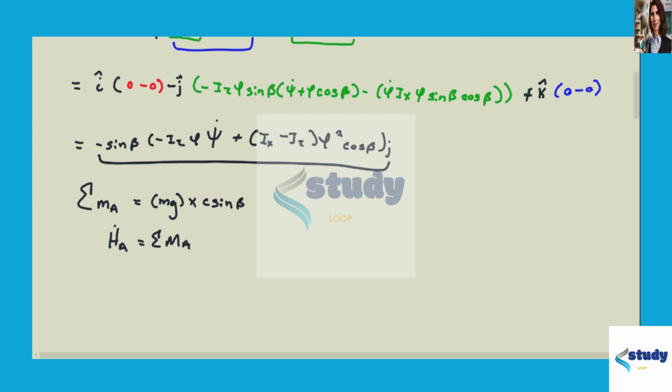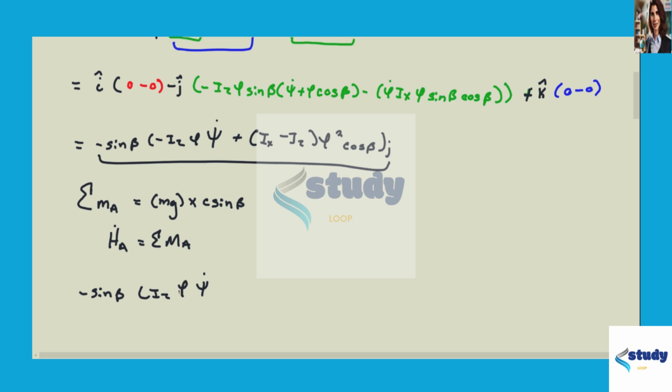And what we can do is, for H_A, we're going to plug in this. So from that, we have sin β I_z φ'. Let me just rewrite this too so you guys can tell what it is.